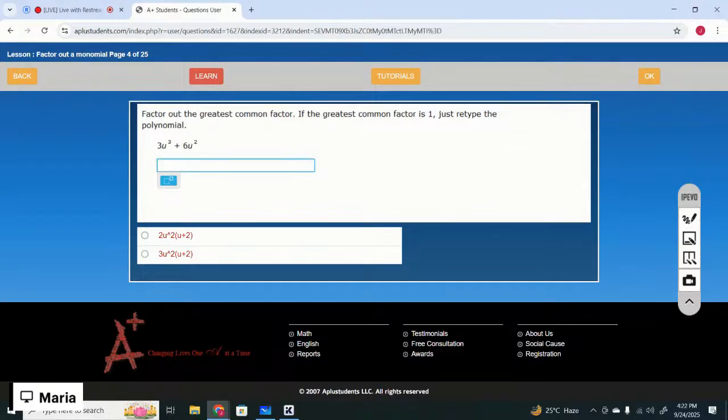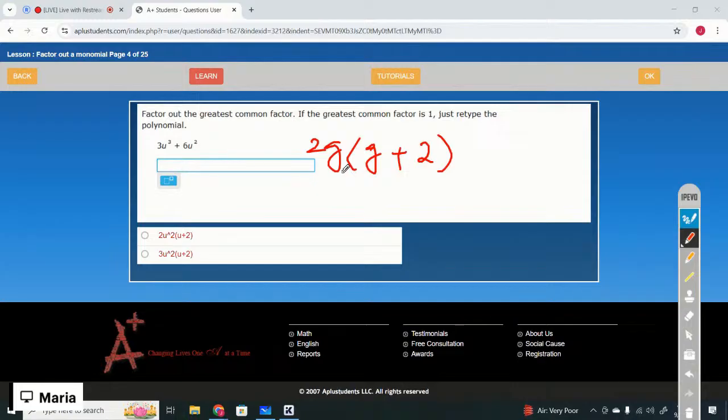Three u cubed plus 6u squared. Let's just take common 3u squared.